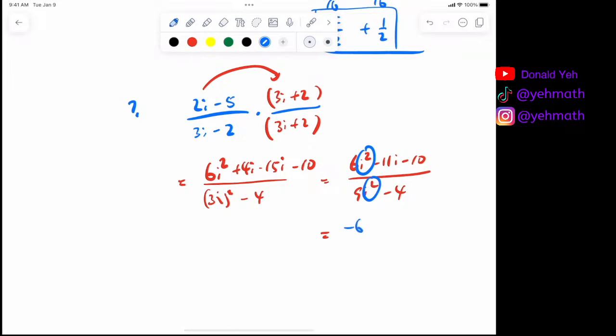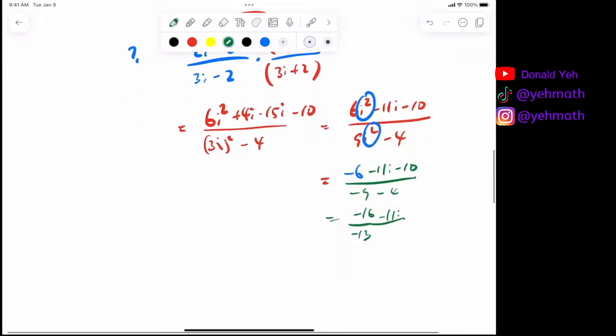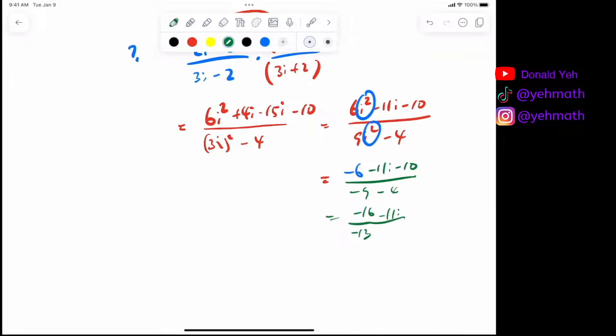So it's going to be -6 minus 11i minus 10 over -9 minus 4. That's equal to -16 divided by -13 minus 11i. Am I doing okay? And then I can split, because this one is going to end up being positive.